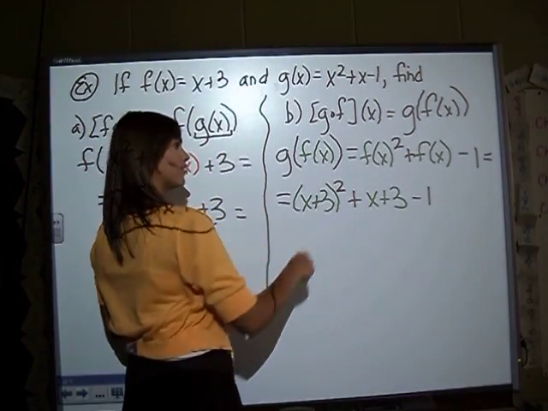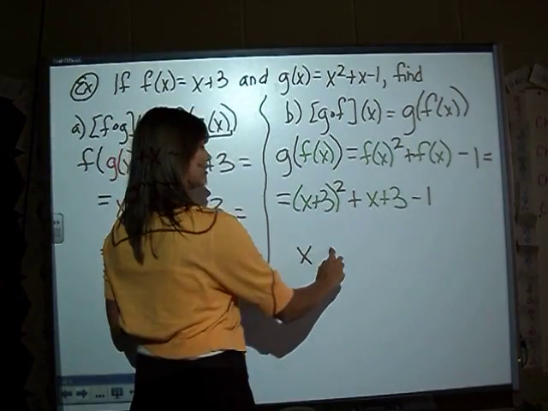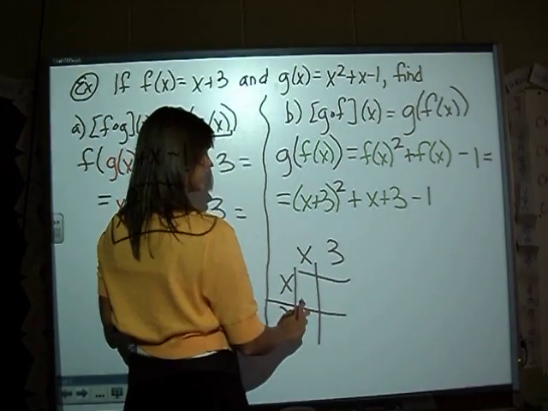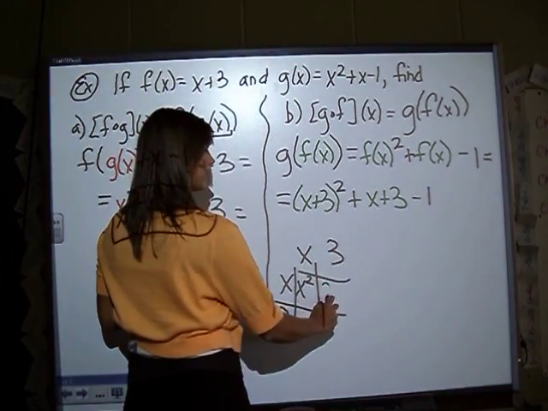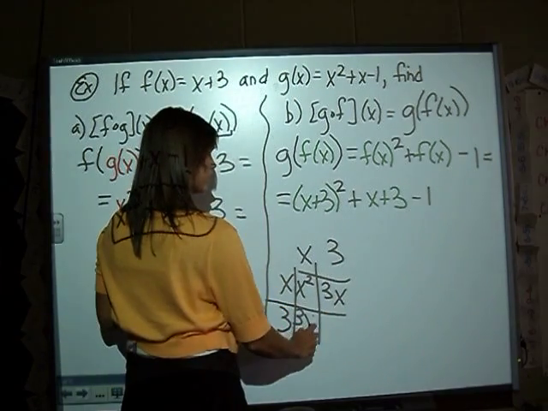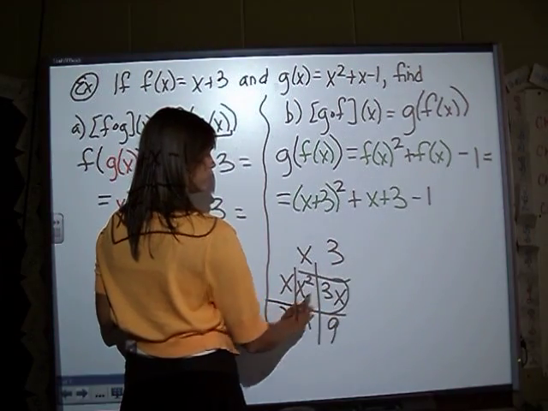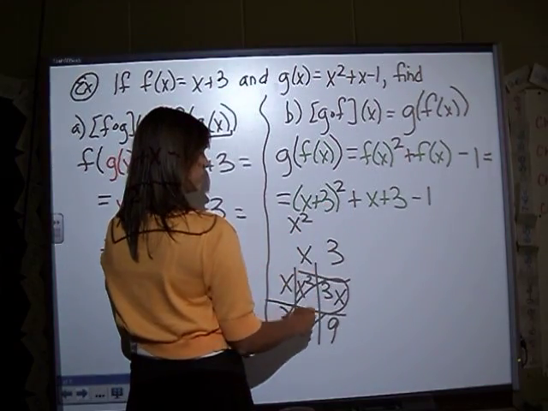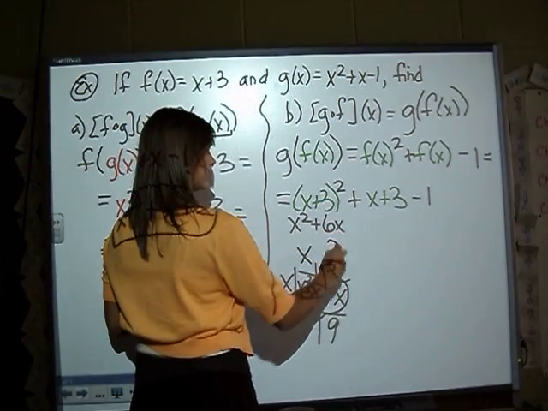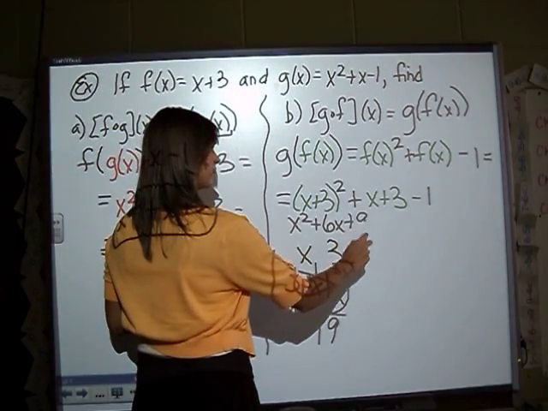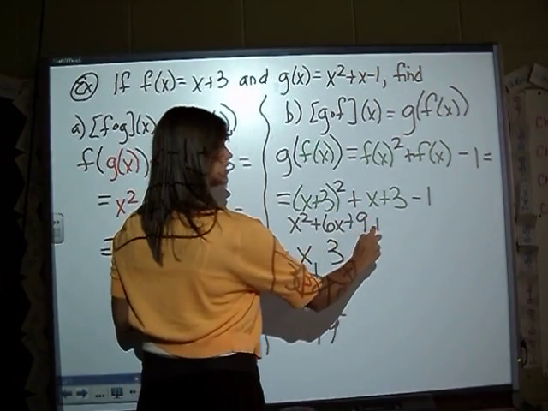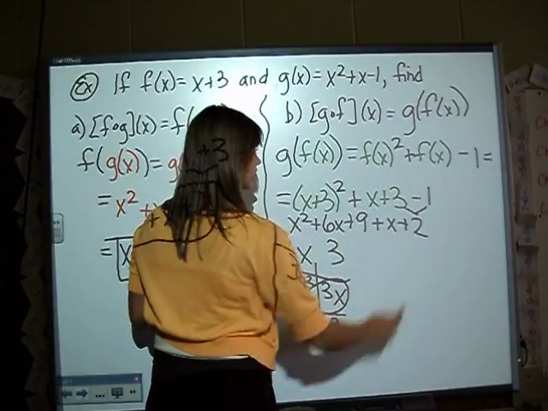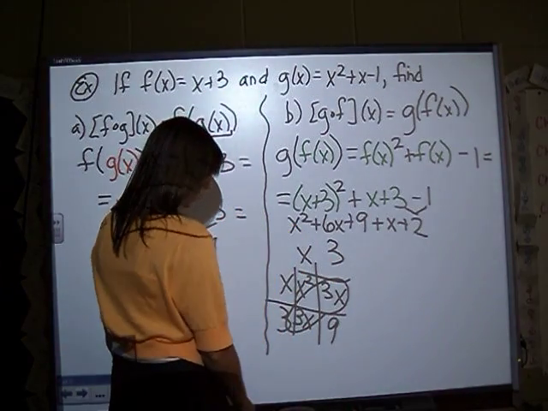Okay, here what I'm going to have to do is FOIL, or distribute. So I'm going to get x squared, 3x, 3x, and 9, which if I combine those, is going to give me x squared plus 6x plus 9. And then I'm going to have plus this x, and minus 1 and plus 3 combine to give plus 2. Okay?